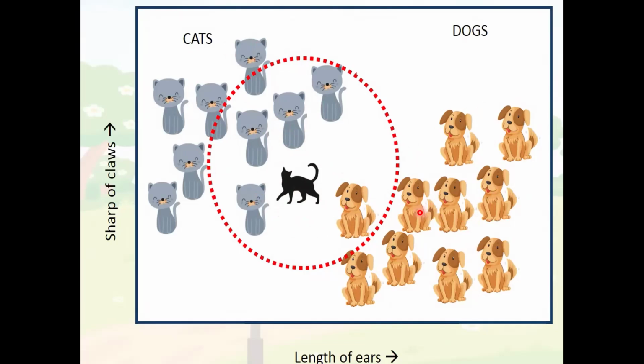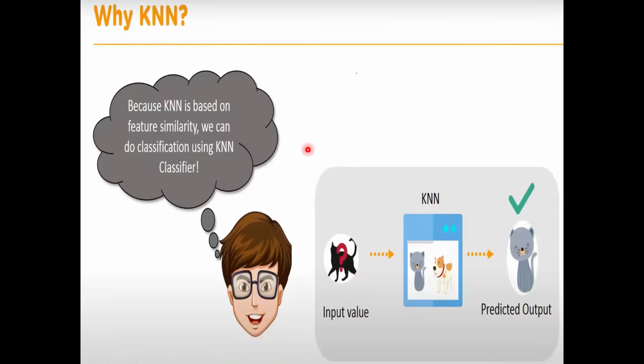For this, as we know, any machine learning algorithm or model is going to take an input, do some processing, and then give the predicted output. This is the basic thing we discussed before starting KNN. Here KNN is based on feature similarity.